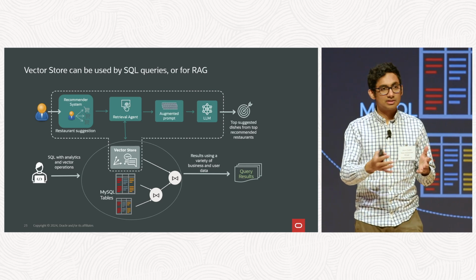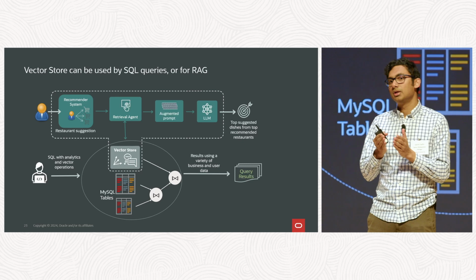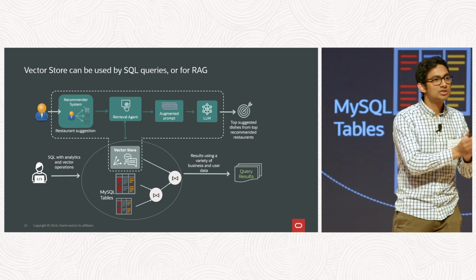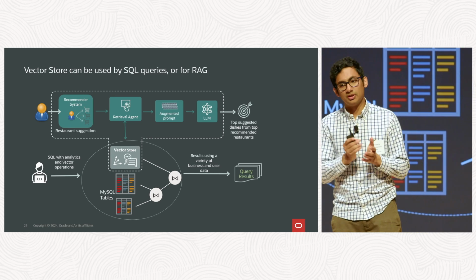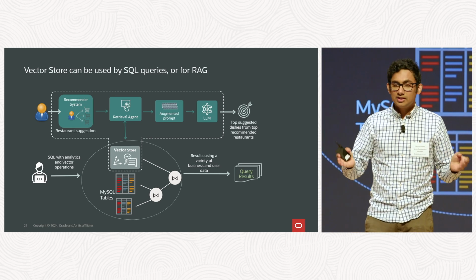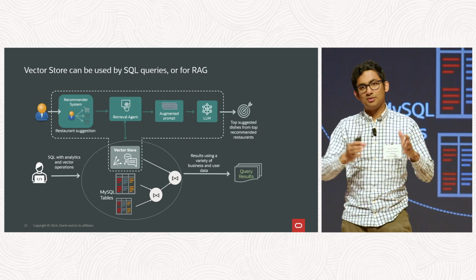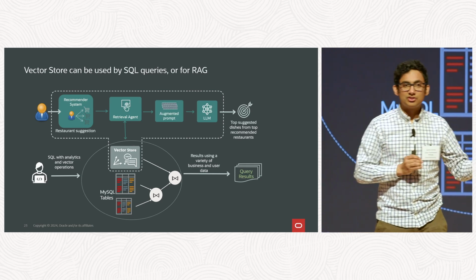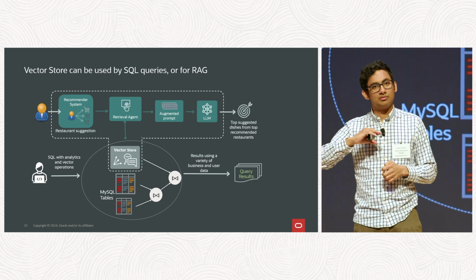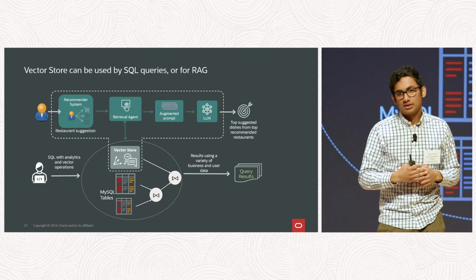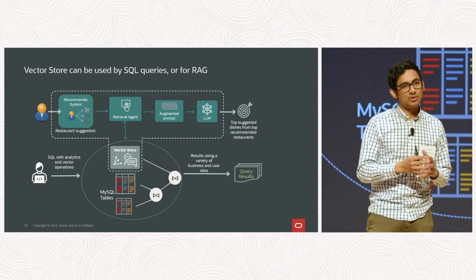You can write SQL queries to run vector distance functions and find the segments or the documents that are most similar to the input text. Or you can integrate it with our existing AutoML pipeline. So you can marry our recommendation system in AutoML with a RAG query from this vector store to create more context and combine these queries.